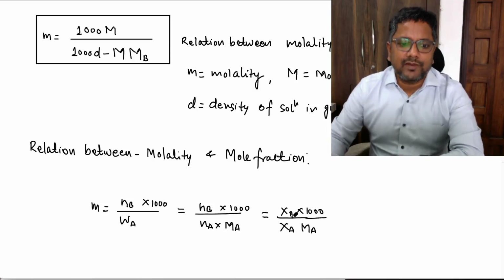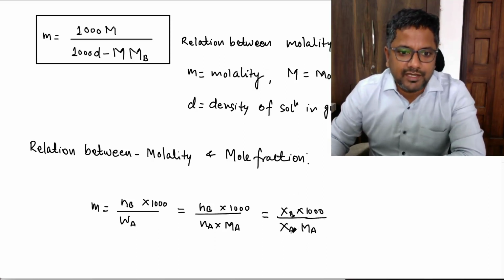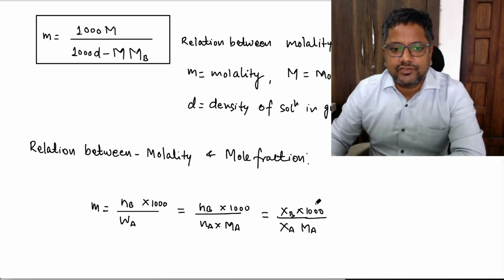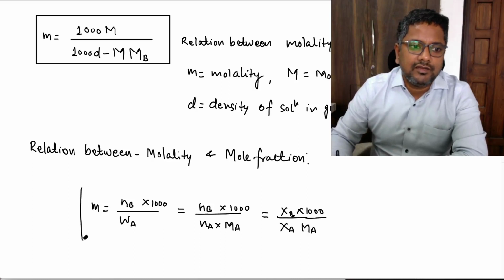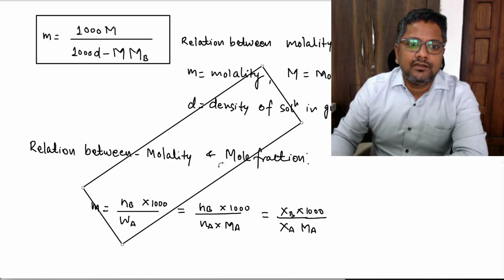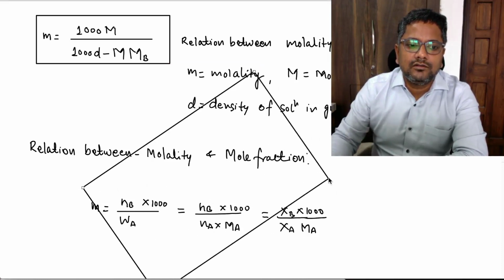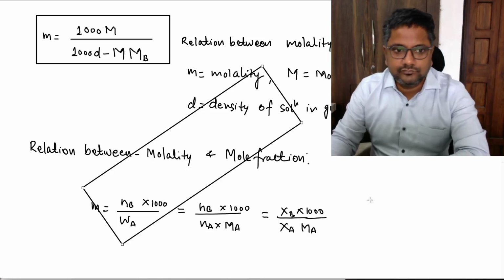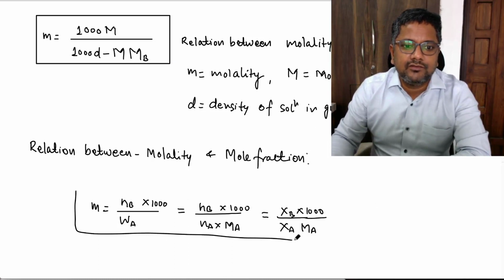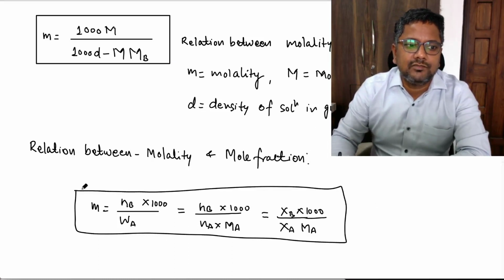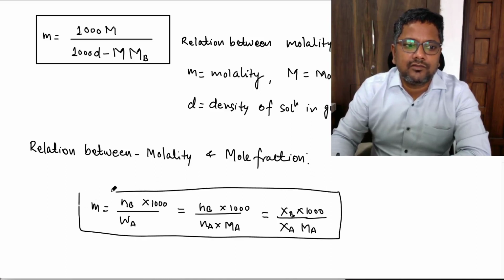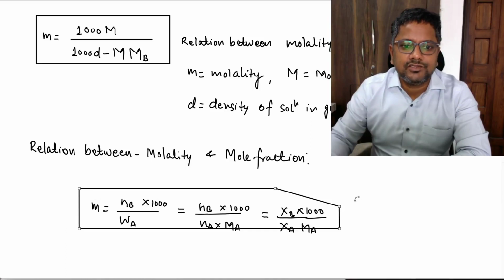So this is the mole fraction of B, and this is the mole fraction of A, and this is the molality of the solution. Ma is always constant, so you can very easily calculate the mole fraction if molality is given, and similarly if mole fraction is given, then you can calculate the molality, right?